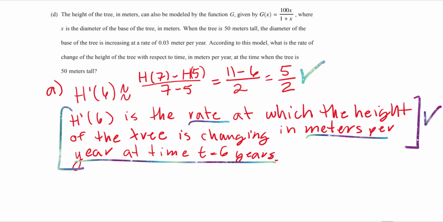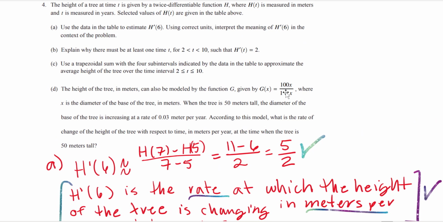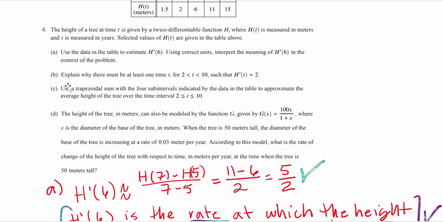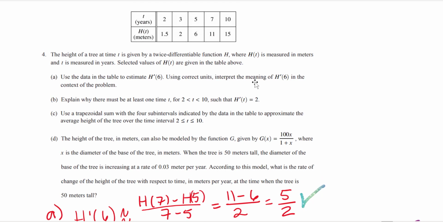Now for B, let's look at B. Explain why there must be at least one time from 2 to 10 such that h prime equals 2. All right, so let's look at this. If we look at our data, the only ones that lend themselves to getting a slope of 2 are 2 and 6, and then this gap of 2.